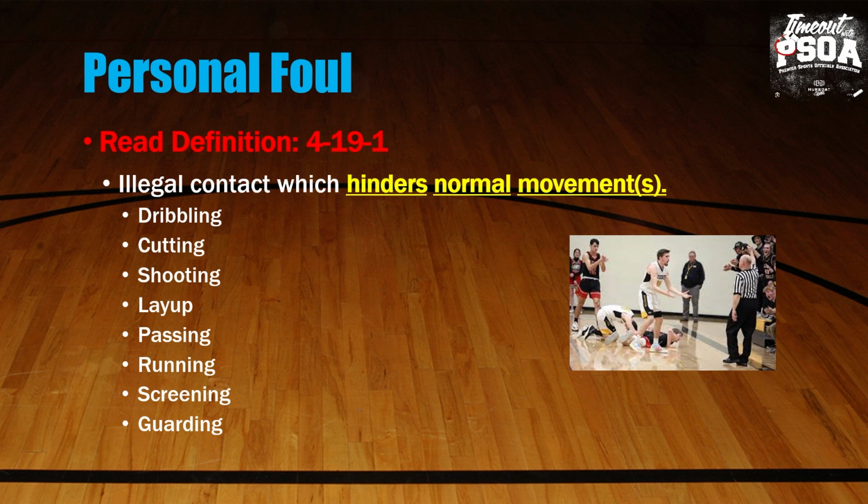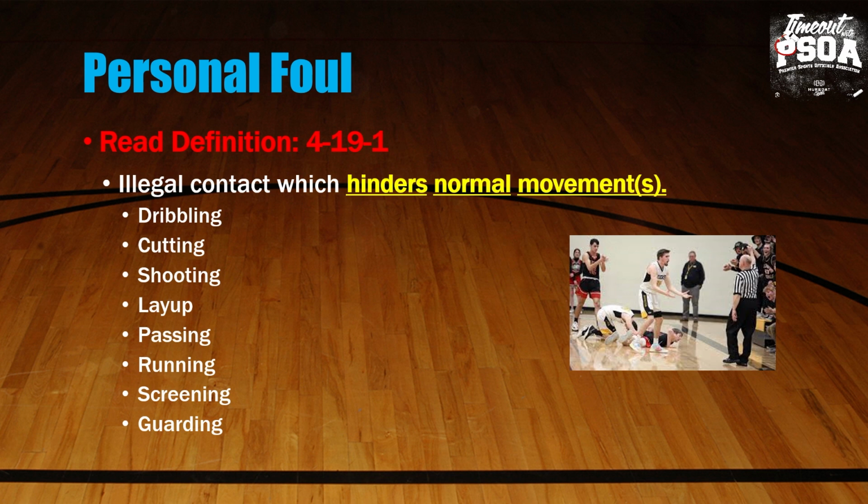So what are normal basketball movements? It's normal to dribble. It's normal to cut. It's normal to shoot. It's normal to complete a layup and dunk. It's normal to pass. Normal to run, freedom of movement. It's normal to screen. It's normal to legally guard 2 feet on the ground facing the opponent.